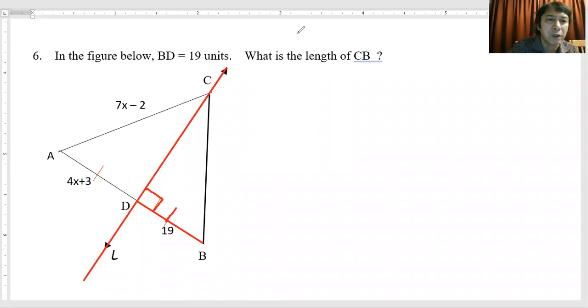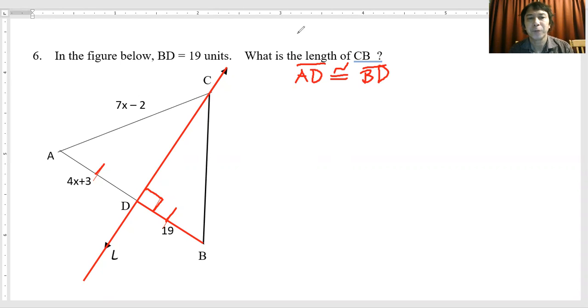So this and this. And we can have AD. Segment AD is congruent to segment BD, and that means they have equal measurements.